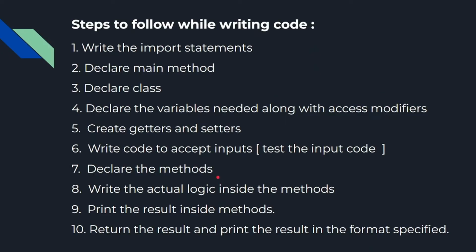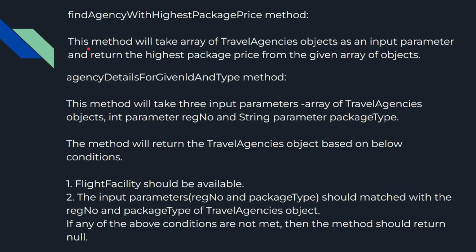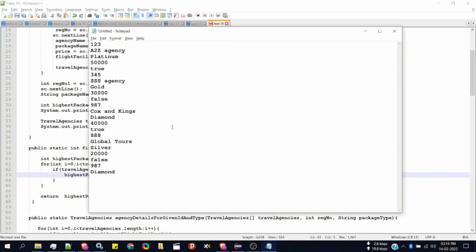The next step is to write the actual logic inside the methods. So the find agency with highest package price method. They are asking us to return the highest package price from the array of objects. The logic we are going to follow is, first we'll assign the highest package price as 0. Then we'll iterate through the array of objects.